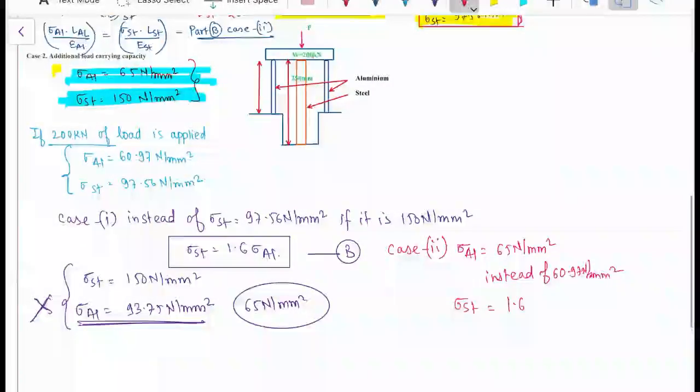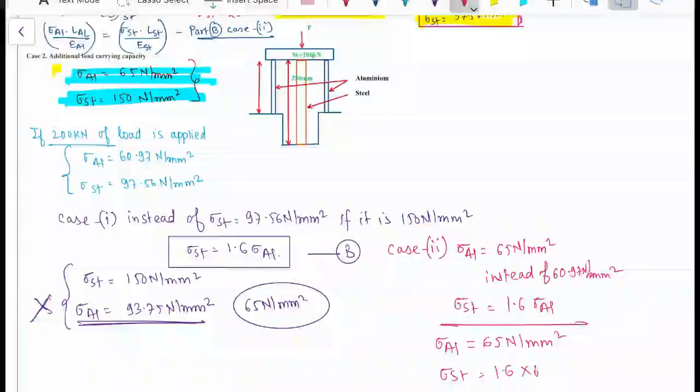Sigma steel will be equal to 1.6 times sigma aluminum to calculate the stress in steel. Sigma aluminum we have assumed as 65 Newton per mm square. So sigma steel will be equal to 1.6 times 65 Newton per mm square, which will be equal to 104 Newton per mm square.